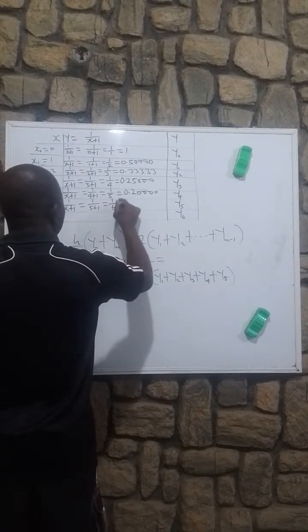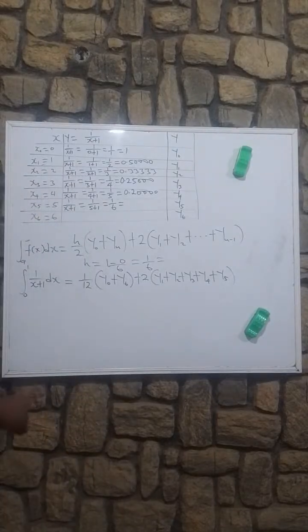This is 1 all over 6. What is 1 all over 6? 0.16667.